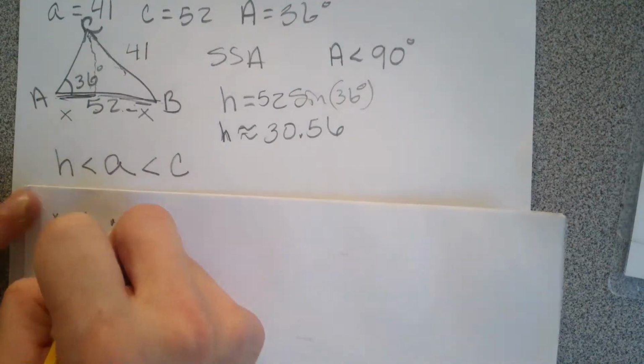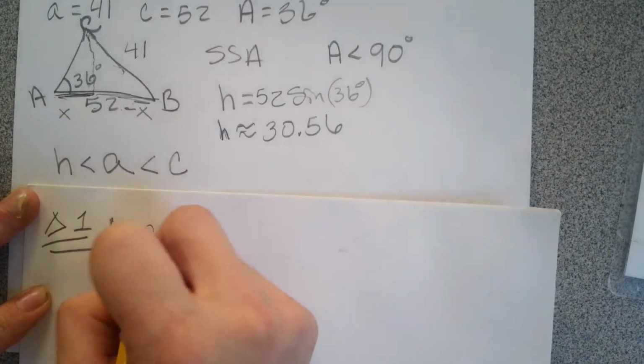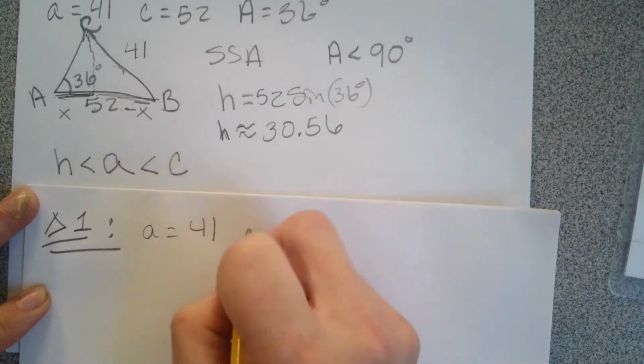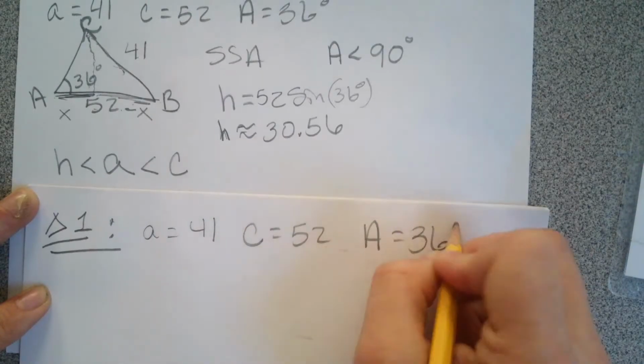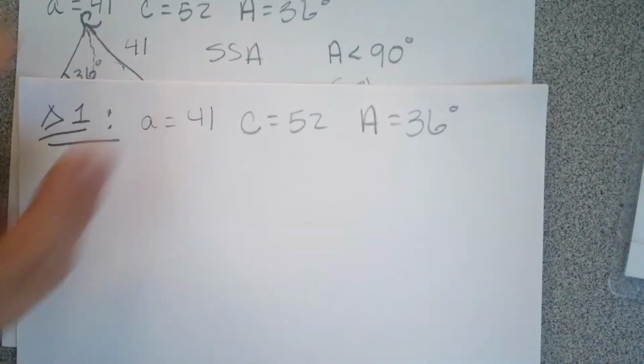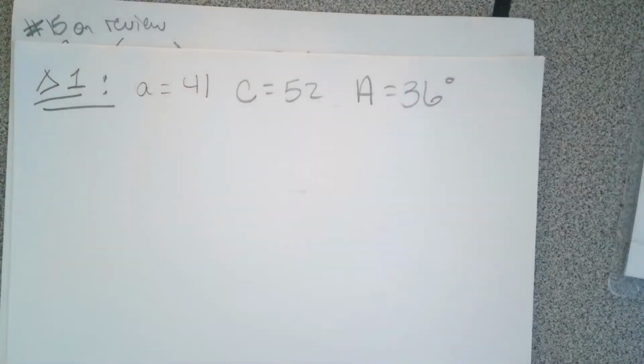Okay. Triangle one. All my given information. Side A is 41. Side C is 52. Angle A is 36. And the first thing it tells me to do is to use the law of sines to find what?